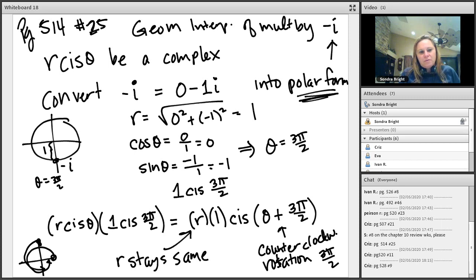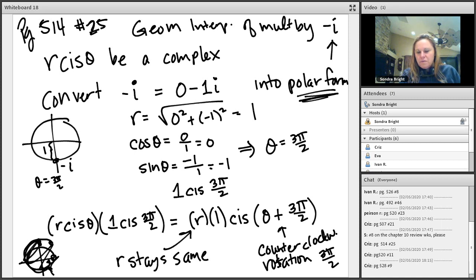Not that they have to be quadrantals, they could have been here, and then you just go to there. I know that's more confusing than anything, but that's what's happening. You're taking that point and rotating it counterclockwise 3 pi over 2. All right, that was 25 on page 414.